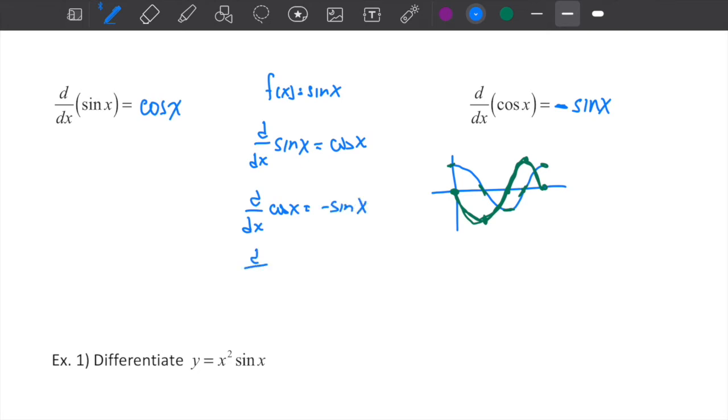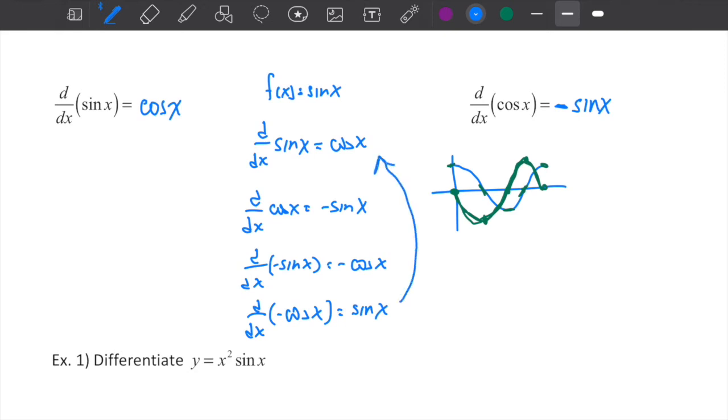If we take the derivative of negative sine of x, what would be the opposite of the derivative of sine of x, giving us negative cosine of x? And if we take the derivative of negative cosine of x, it would be the opposite of the derivative of cosine of x, would be negative sine x, would give us sine of x. There's this 4-element cycle that it rotates between. Remember back to Algebra 2, imaginary numbers? There's that 4-element cycle, just like that.